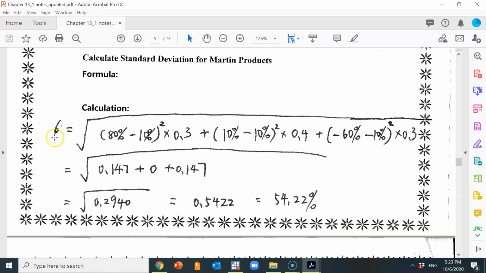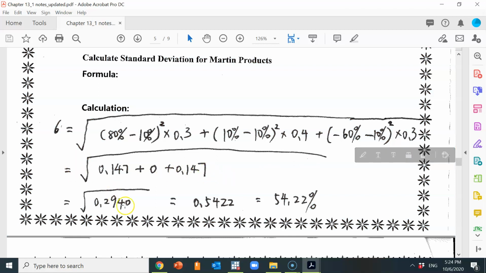Okay, so if I put this in a formula, the standard deviation of Martin products would be 80%, the return of Martin products in the good economy, minus the expected return, square it, multiply by 0.3, the probability of good economy, plus 10%, the return of this firm in normal economy, minus expected return, squared, multiplied by 0.4, probability of normal economy, plus negative 60%, return of this firm in bad economy, minus 10% expected return, square it, multiply by 0.3, probability of bad economy, okay?